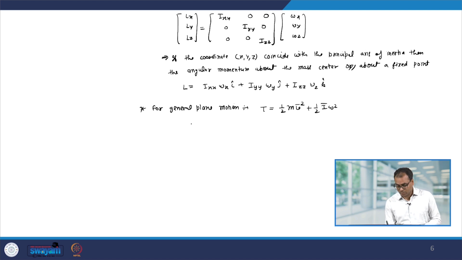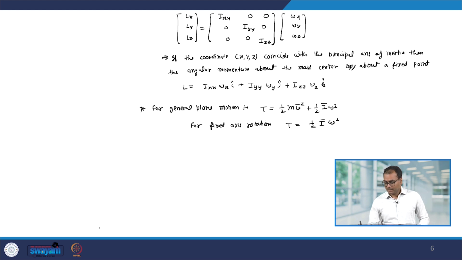Now, for fixed axis rotation there is no v, so the half m v square term will not be there. Therefore T becomes half I omega square, and just now we have seen that L is equal to I omega, therefore I can write kinetic energy T equal to half omega dot L_O or L_G.